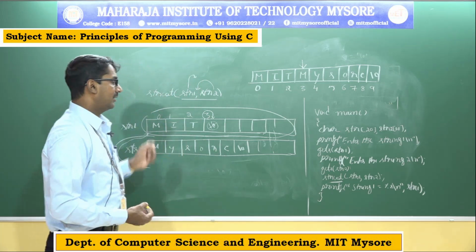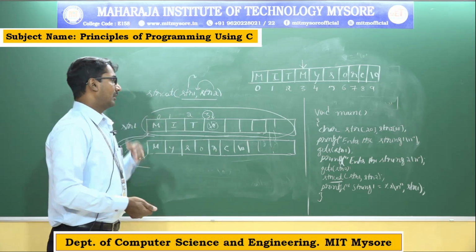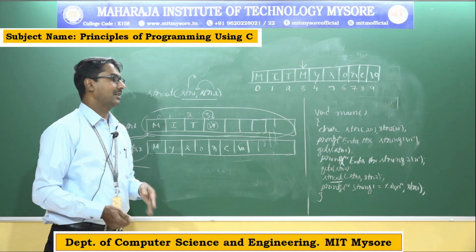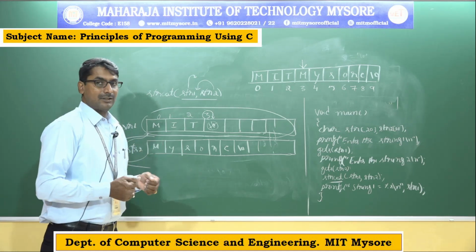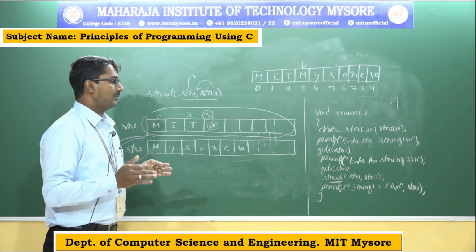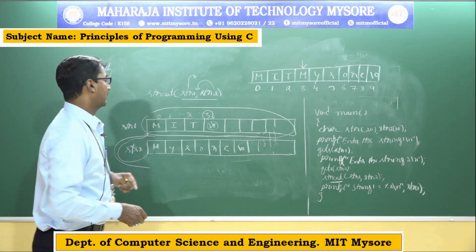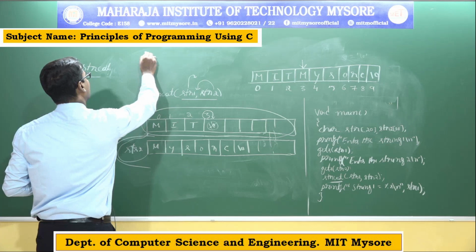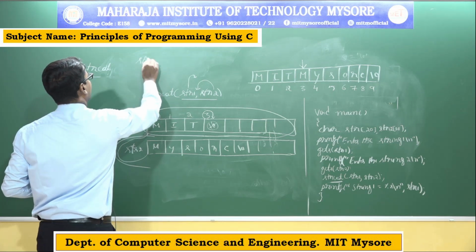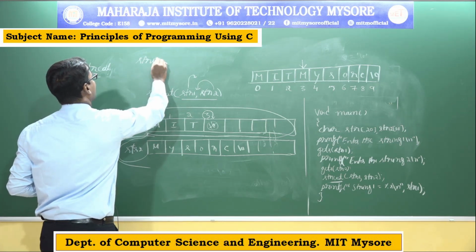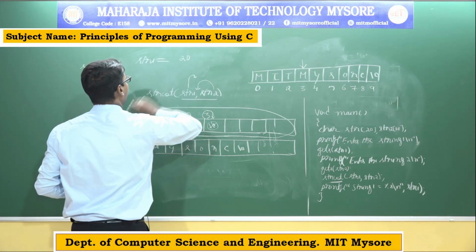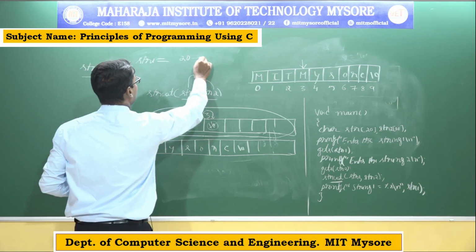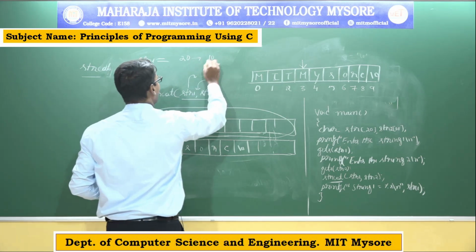So here one thing we need to consider when performing a string copy operation or string concatenation operation: the length of the string must match the number of characters. Example, if we consider string 1 contains the size 20 and at present it contains 10 characters.